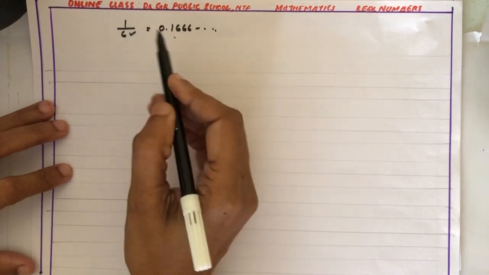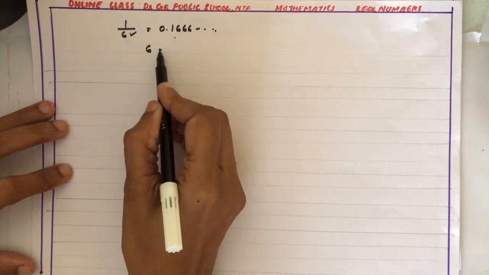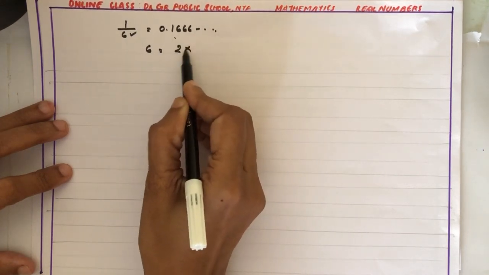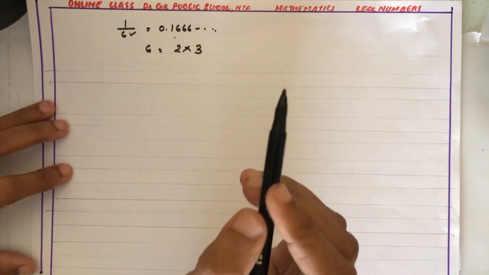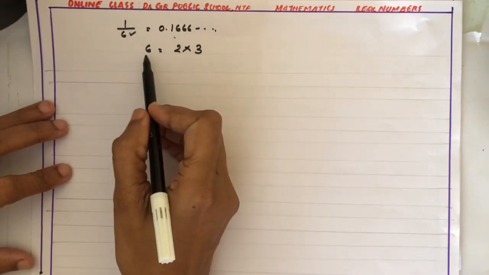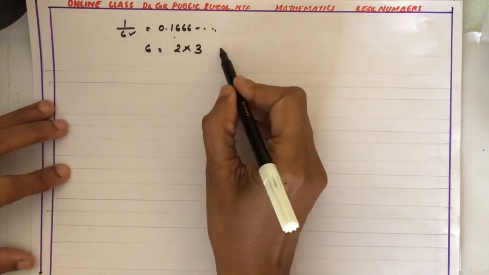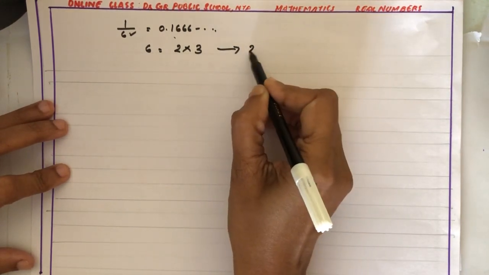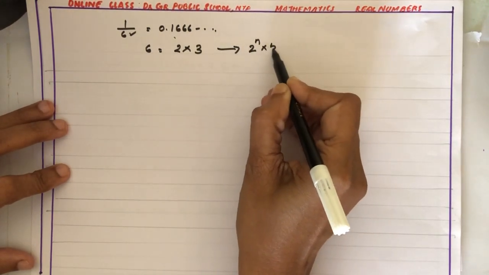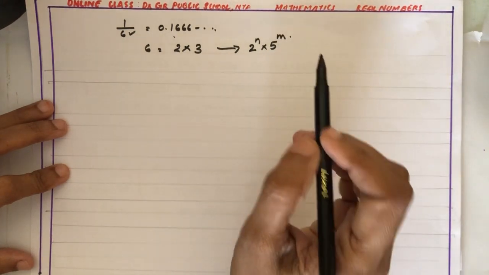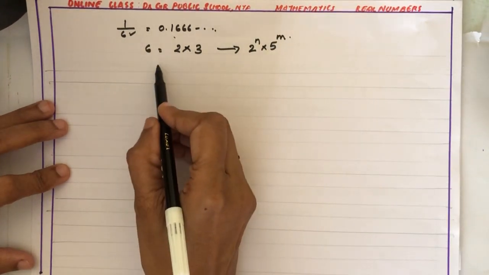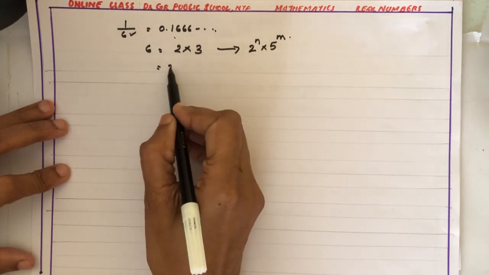What is the denominator? 6. What is the prime factorization? 2 into 3. Can we write this prime factorization of the denominator in the form 2 raised to n into 5 raised to m? Let us verify. We have 2 power 1.